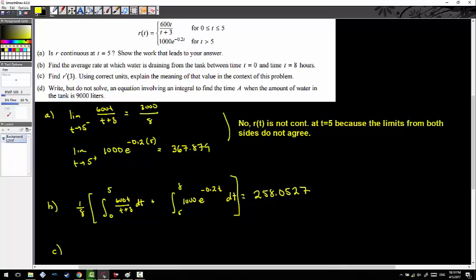All right, part C. R prime of 3. Well, we got to find it first. What's R prime of 3? Well, R prime of 3 is going to be using this guy. So that's going to be the derivative, d over dt of 600t over t plus 3. But I want that at t equals 3. So I'm going to punch that into the calculator and go derivative at a point.